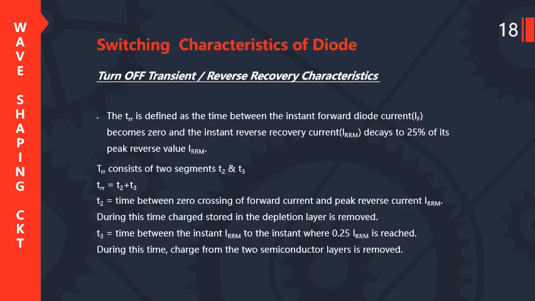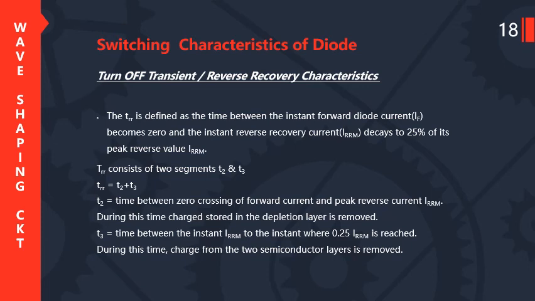The reverse recovery time TRR is defined as the time between the instant forward diode current IF becomes zero and the instant reverse recovery current IRRM decays to 25% of its peak reverse value. TRR consists of two segments, T2 and T3.